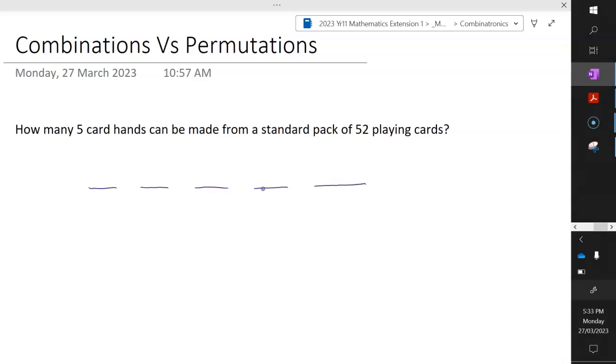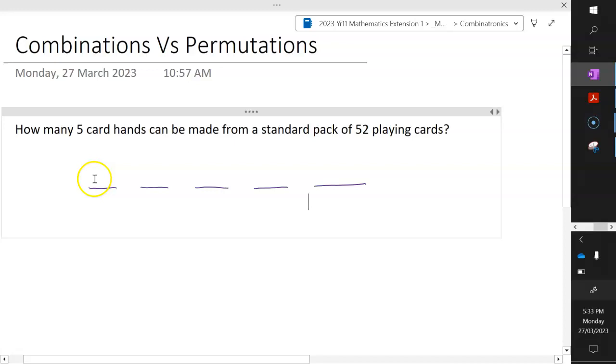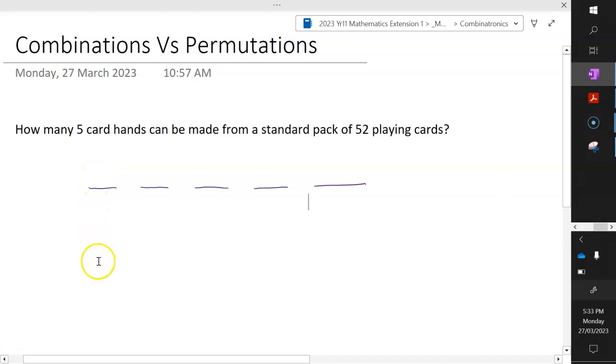Okay, so I'm first of all going to think of these as a permutation and pretend that order is important, or that we really want to look at the order. So the first place of our 5-card hand has 52 choices that we can take. And our second position is only going to have 51 because one of those 52 has been chosen.